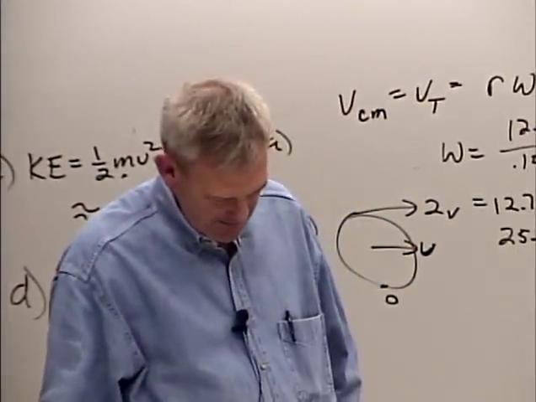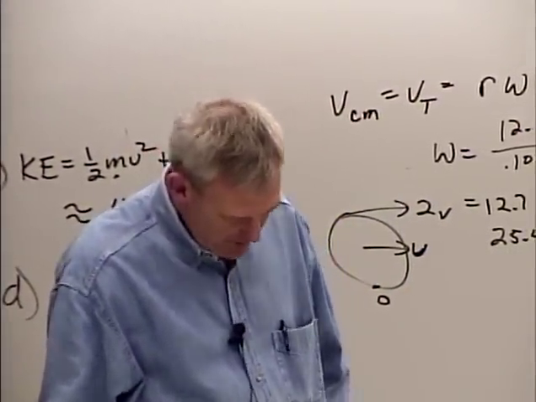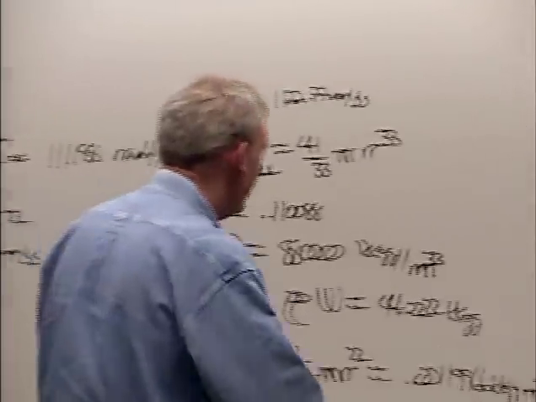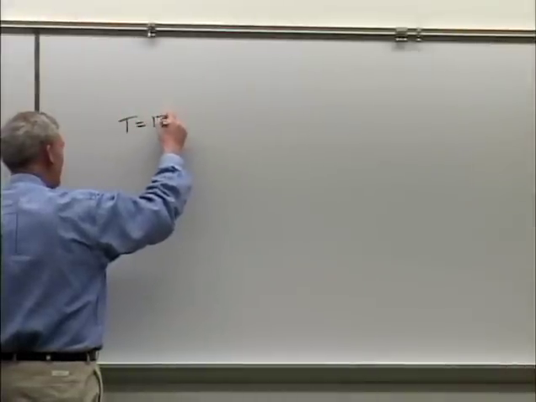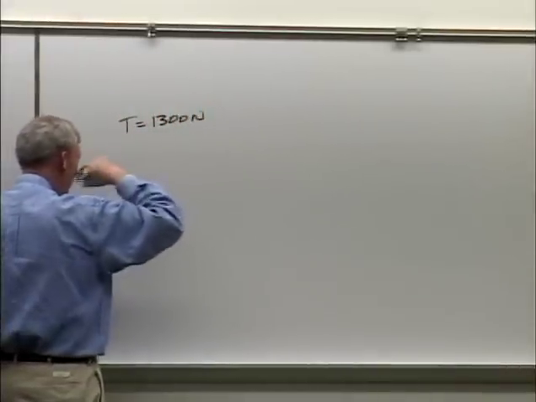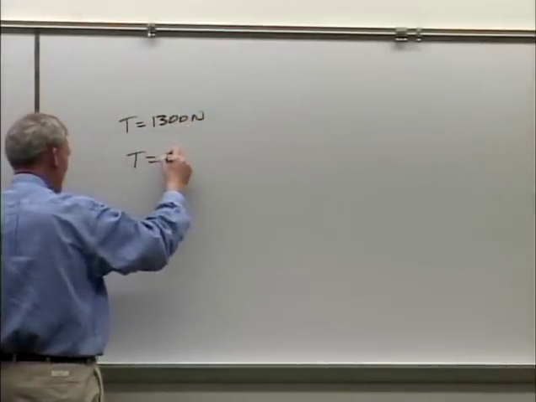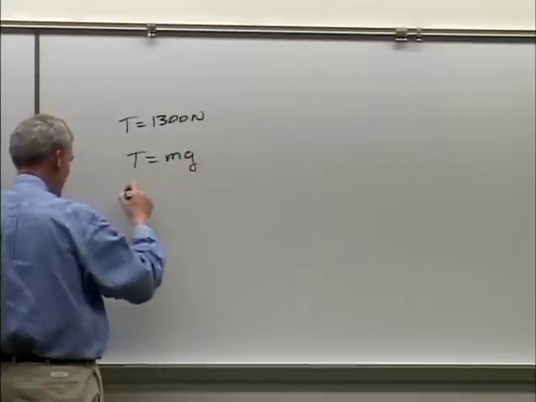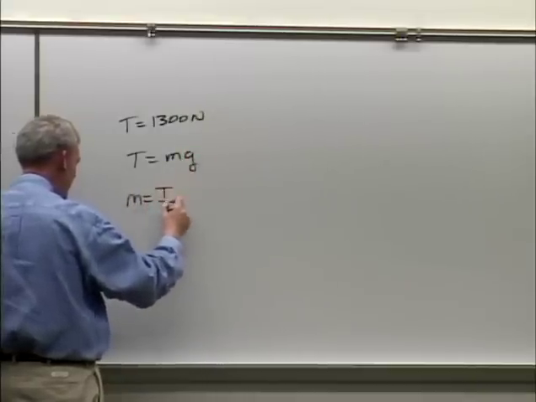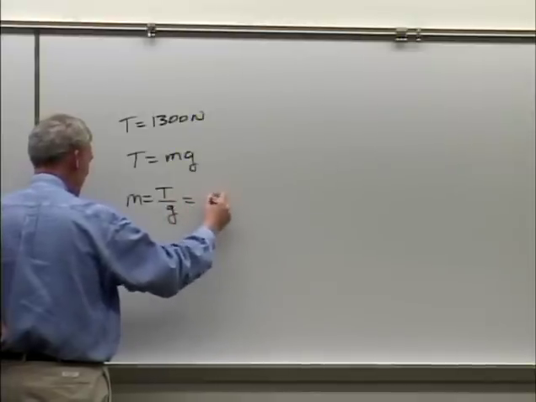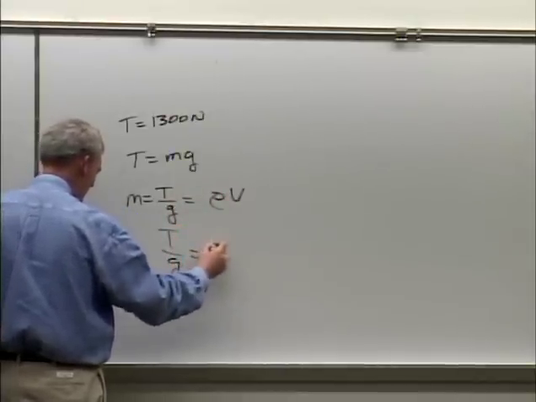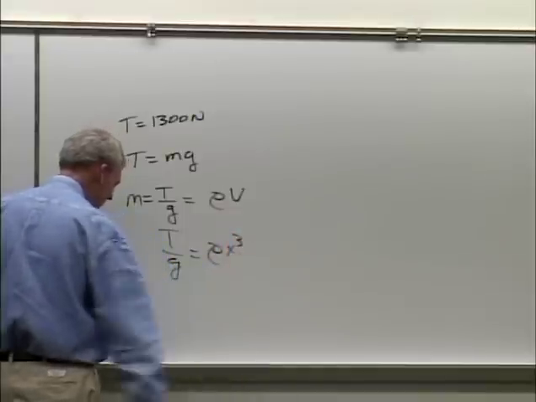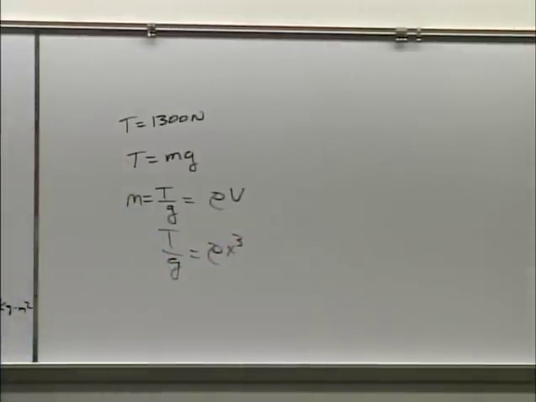Okay. All right. So on 6A, on part A, you had the tension was equal to 1,300 newtons. So therefore, T equals mg. So M equals T over G, which also equals rho V, which equals rho times x cubed, because we're just looking for a cube here. All right?